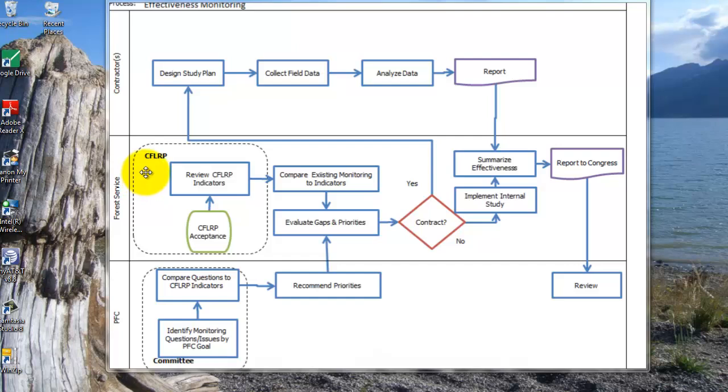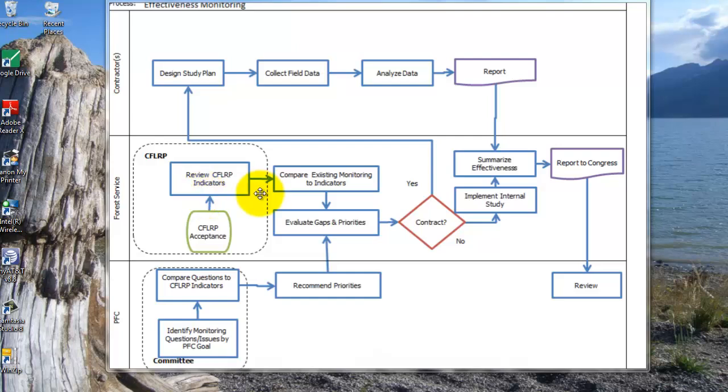On the left side, I think CFLRP is still an important kickoff point, the acceptance of the Payette's project into the program. And what I'm suggesting is that an initial step is to review the CFLRP indicators. Some of these, particularly the ecological indicator, have been adopted as policy. There are others that are still in draft form, but at least they give an idea of what the expectation will be.